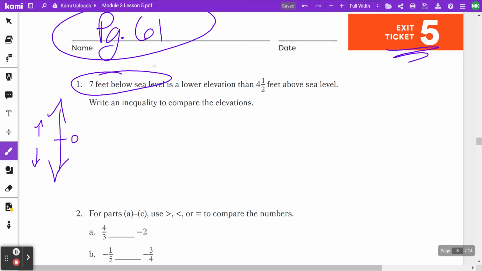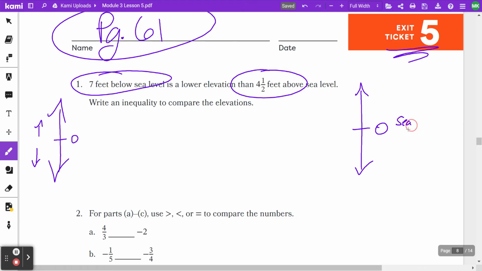All right, so let's see what's up here. We have 7 feet below sea level is a lower elevation than 4.5 feet above sea level. Clearly, that's true. If I were to draw a vertical number line, and this is my sea level right here, that should be 2 words, not one.